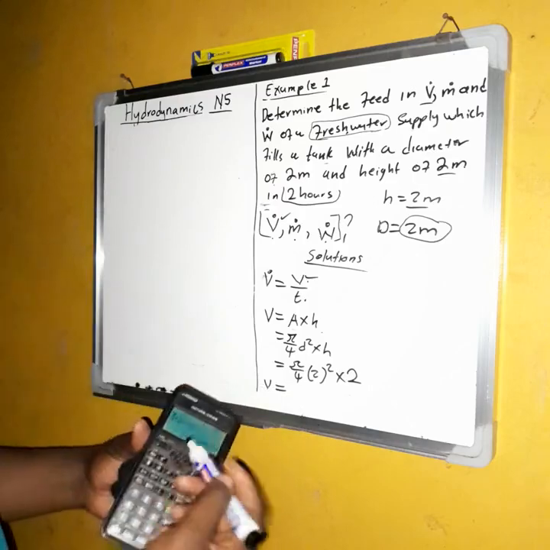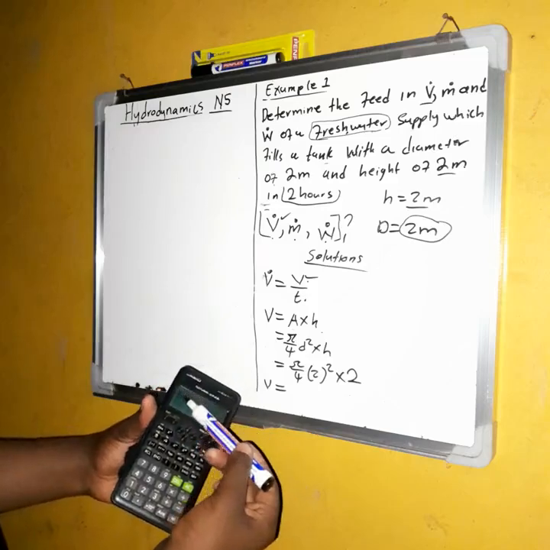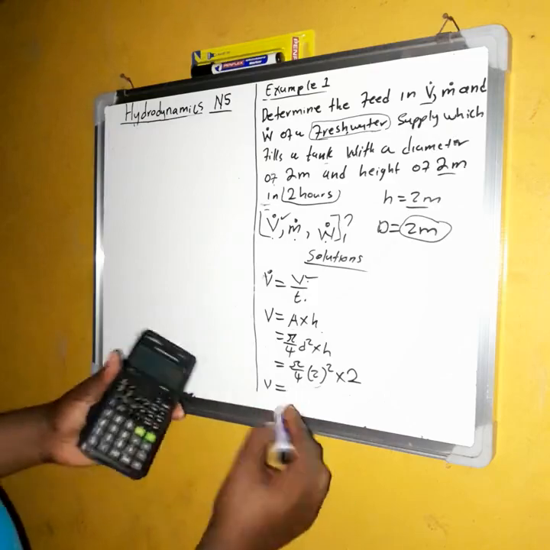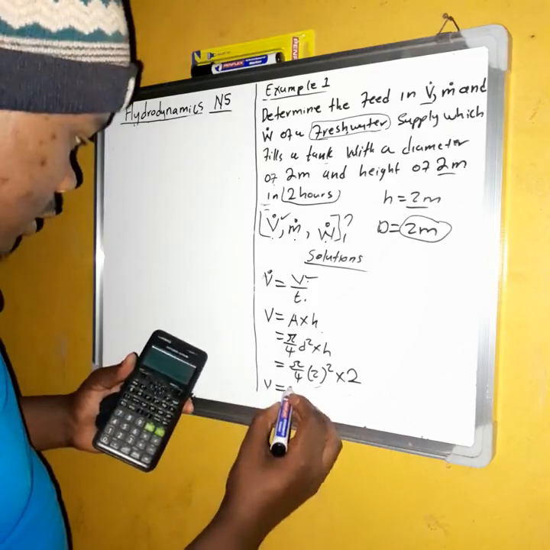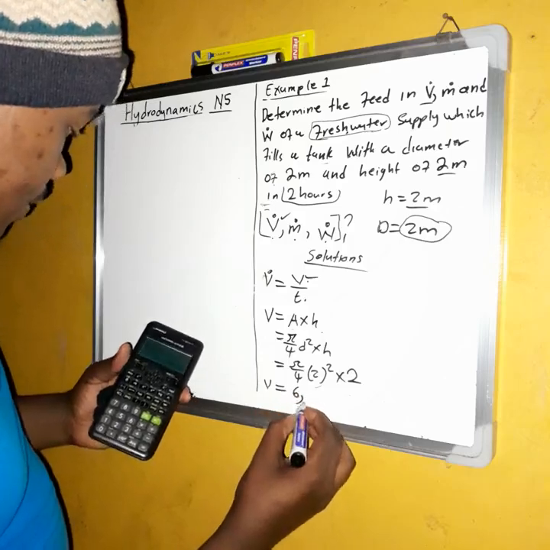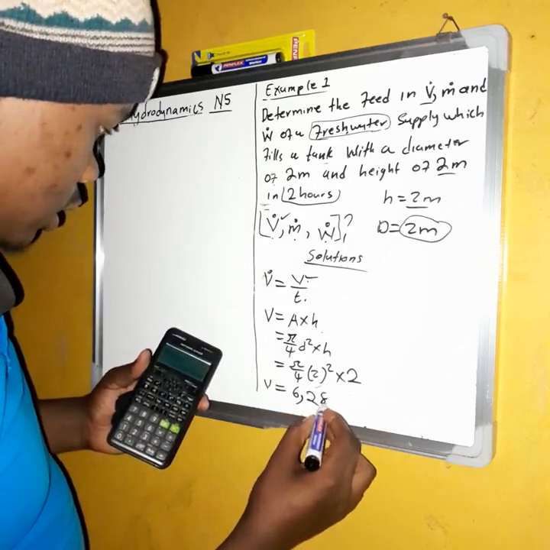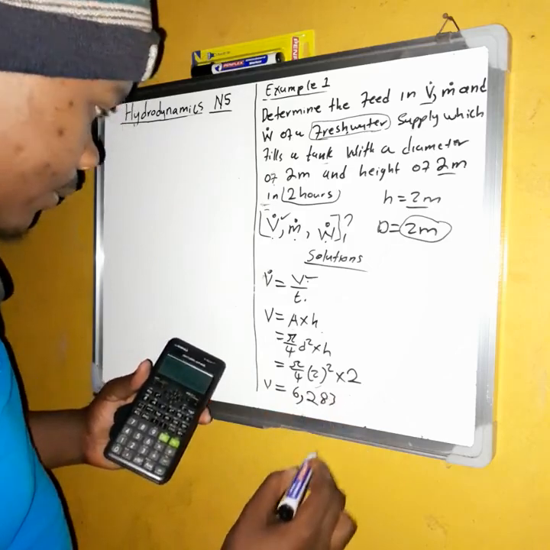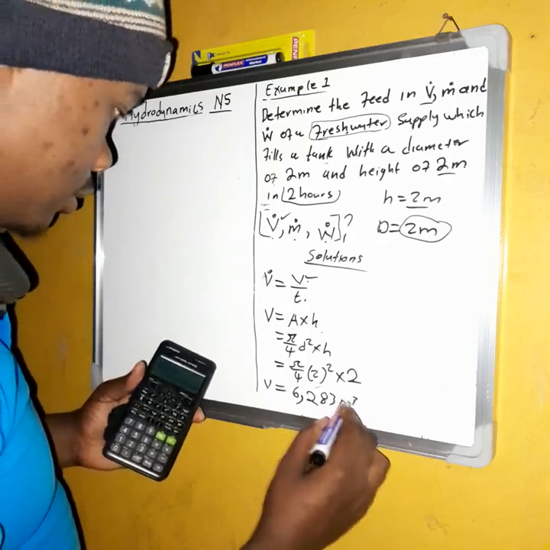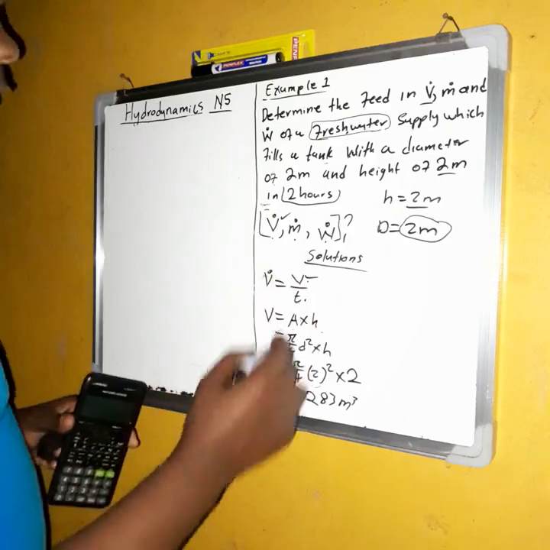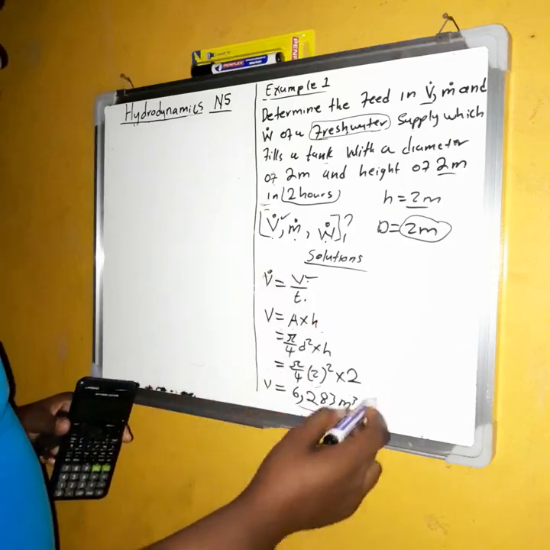The volume is 6.283. This is in cubic meters, it's just the volume. But now we have the volume, we can substitute it here.